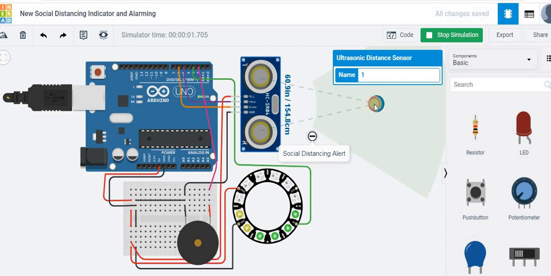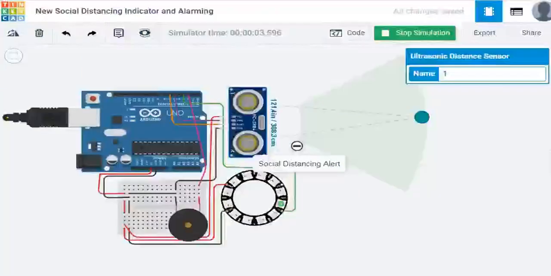When it reaches a distance determined by the ultrasonic sensor, you can see that red, green, blue, and all the 12 LEDs will be glowing, and the social distancing alert buzzer will be activated. So this project idea is very simple. Before moving to our coding part, let's have one look at the execution of the project.